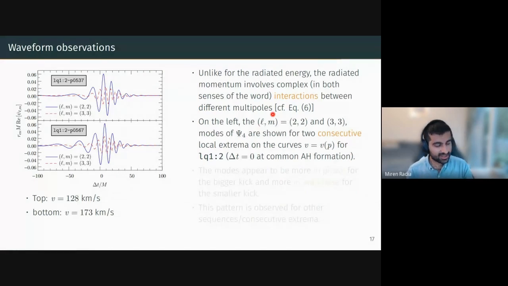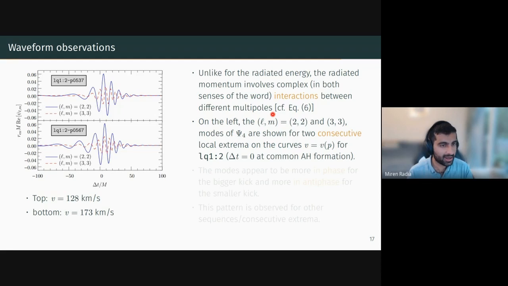Okay, so we then wanted to understand where this was coming from. So what we did, as I've already pointed out, is look at the fact that the radiated momentum can be calculated from contributions of an overlap between different modes, multiple amplitudes of psi4, these lowercase psi LMs.